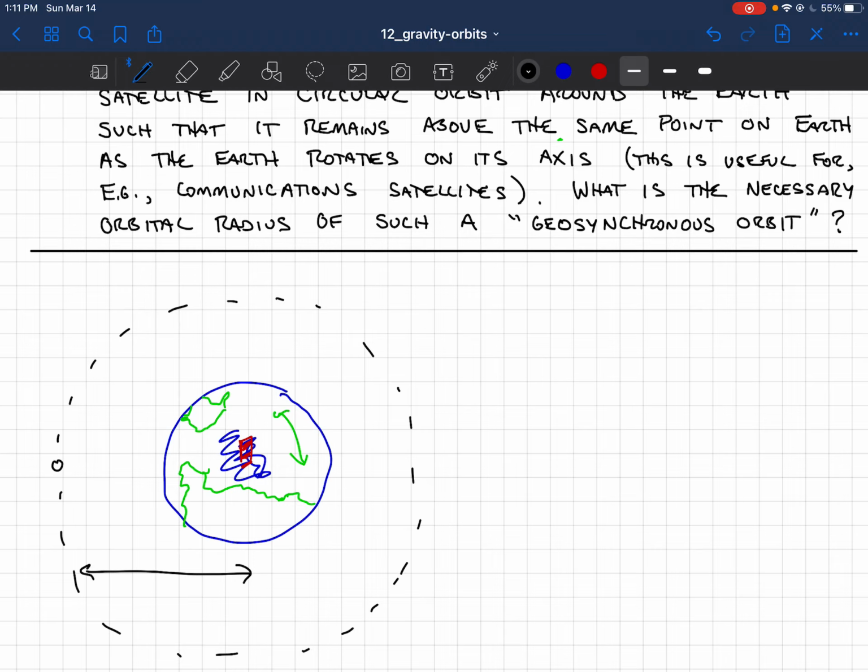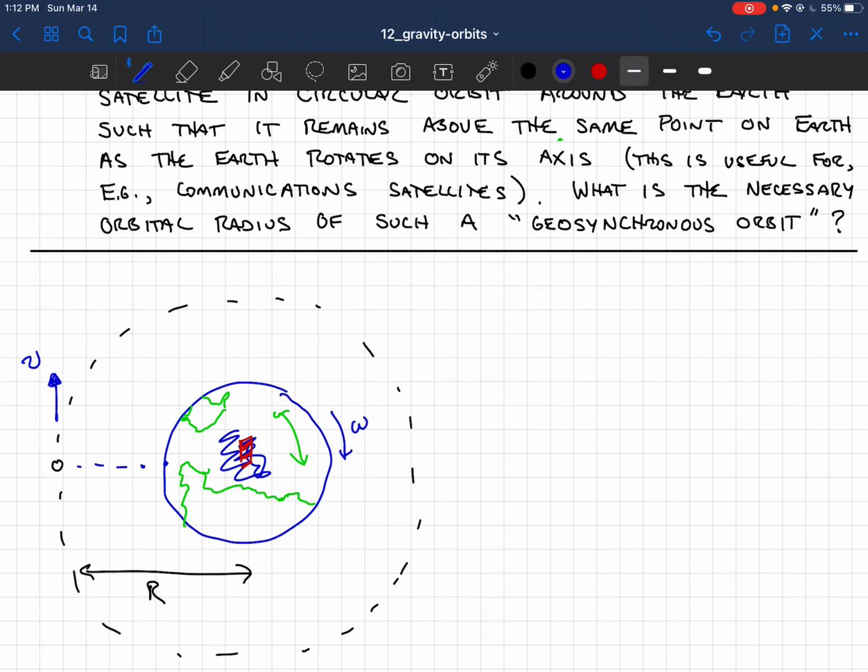It will have some orbital radius, r, and we want it to have some velocity, v, such that if it's sitting above some point on the Atlantic Ocean, and the Earth itself is rotating with some angular velocity about its pole, then these things will stay exactly oriented together.